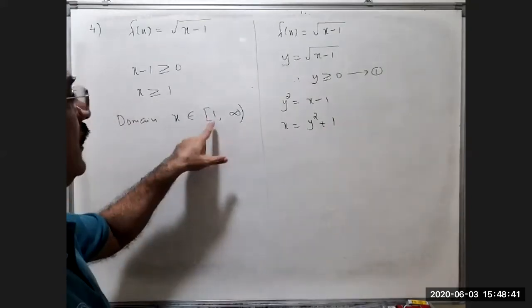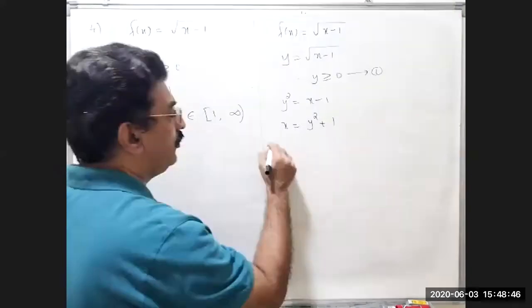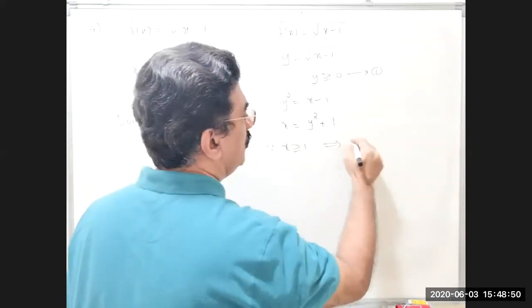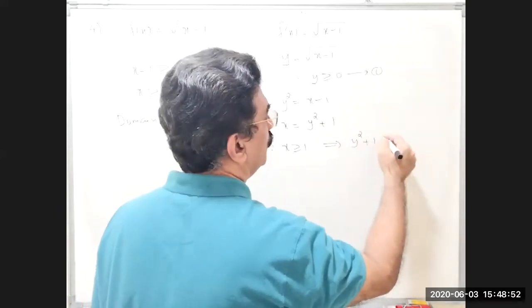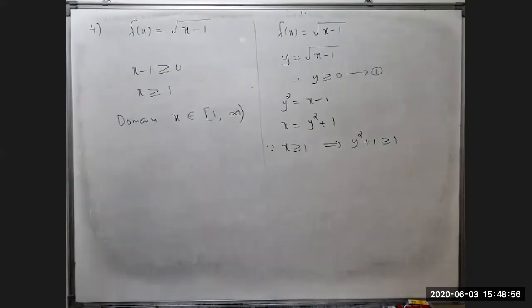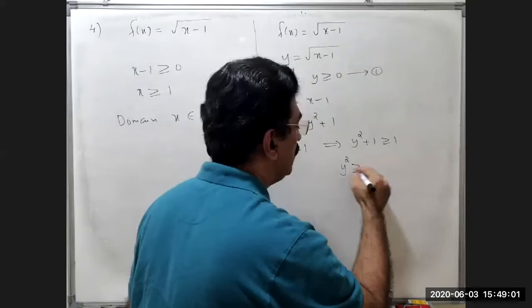And see that x is greater than or equal to 1. This means y squared plus 1 is greater than or equal to 1, which means y squared is greater than or equal to 0.